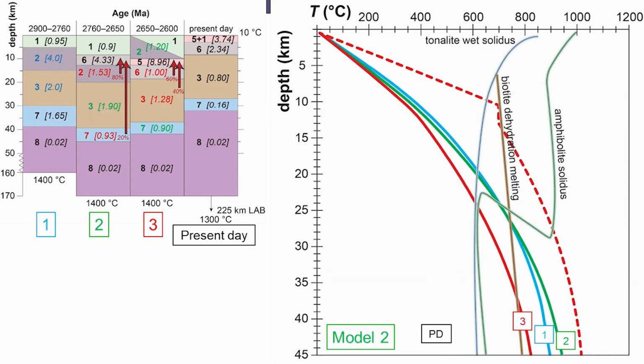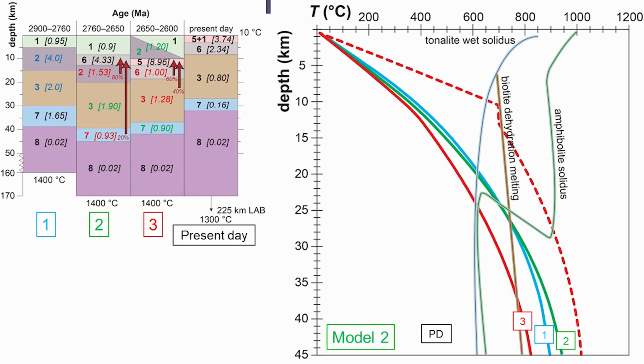Okay, so this diagram, again, shows the predicted geotherms in the solid lines, but I've now superimposed the various solidi of different compositions. So we've got the tonalite wet solidus in the blue, biotite dehydration melting in the brown, and then the amphibolite solidus at the highest temperature.